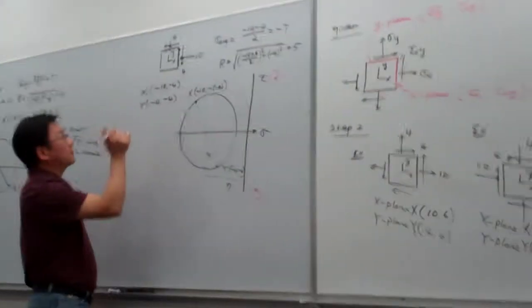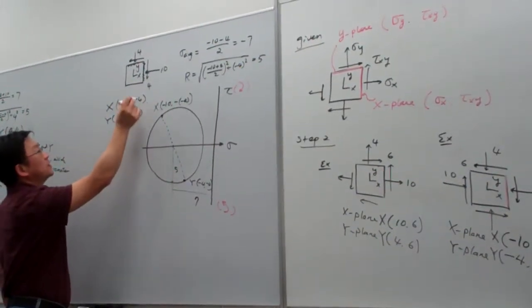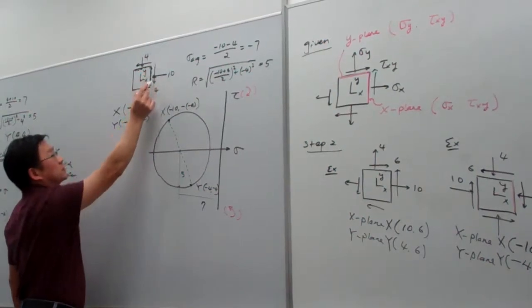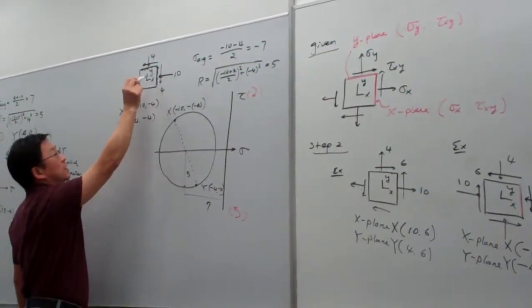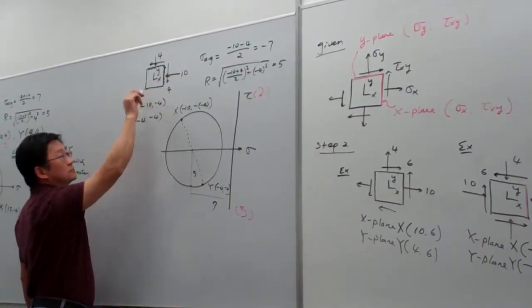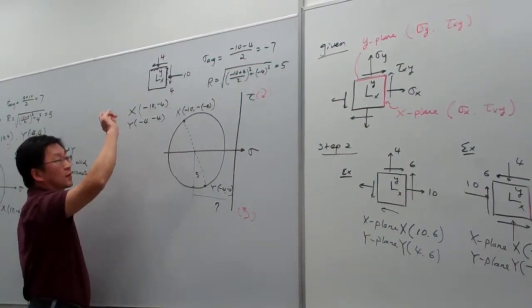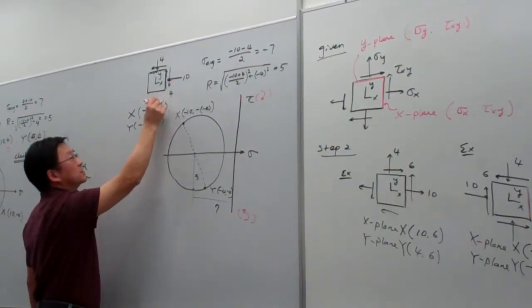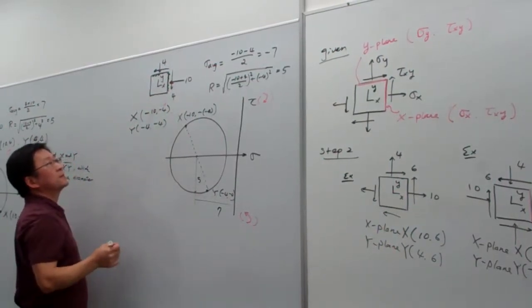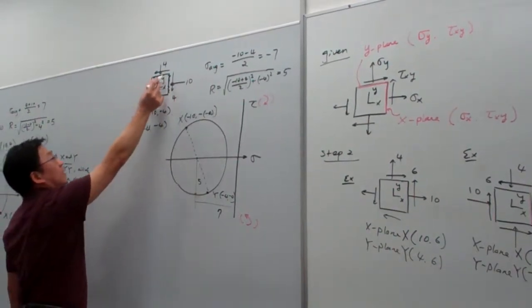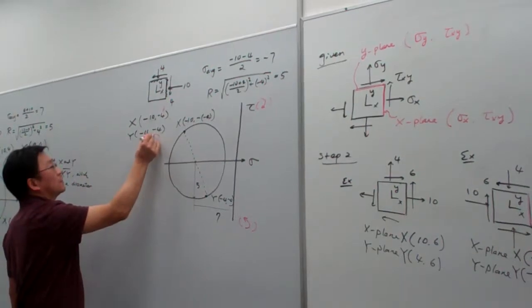And for this one, again, for the X point, the shear stress 4 has a tendency to rotate clockwise, so we label it like this. Then on the Y we have the information like this.